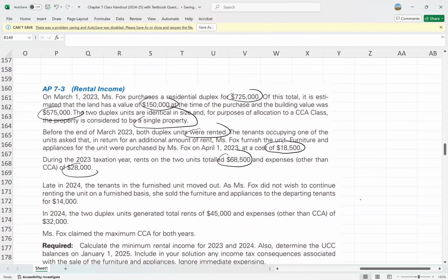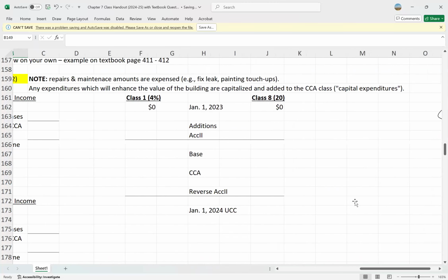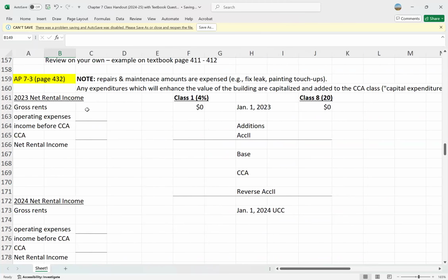So let's put the revenue and the expenses down first. For 2023, the rents were $68,500. The expenses were $28,000. So the income before CCA is 40,500. And then we get into the CCA calculation.